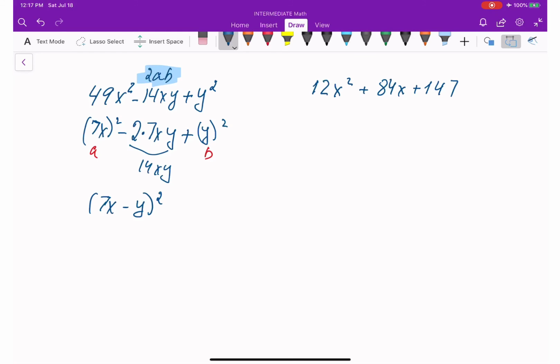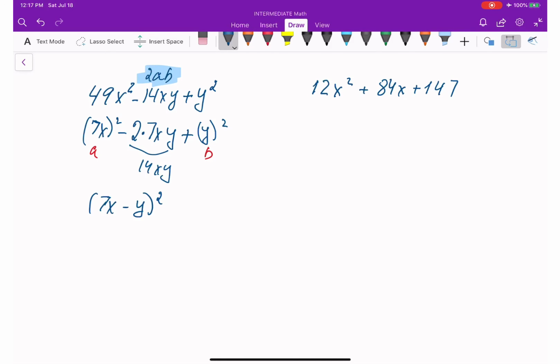There is no number that you square, you get 147. Therefore, I'm checking on common factor. And what is going to be the common factor? If you are interested to learn how to find common factor, watch my video on LCM and GCD. That's where I show you how to find common factor.